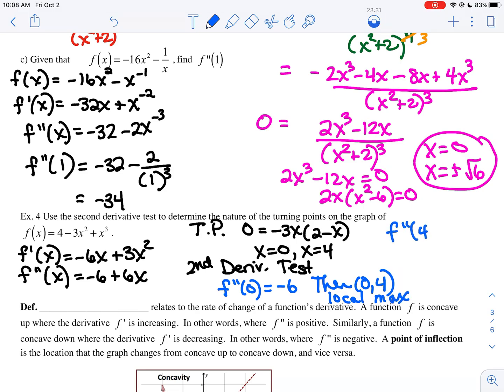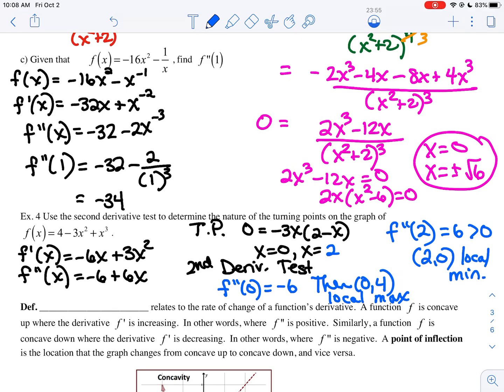F double prime of 4, or whoops, was it 4? No, sorry, kidding. That's a 2. F double prime of 2 is 6, so since that's positive, then 2 comma 0 is a local minimum.